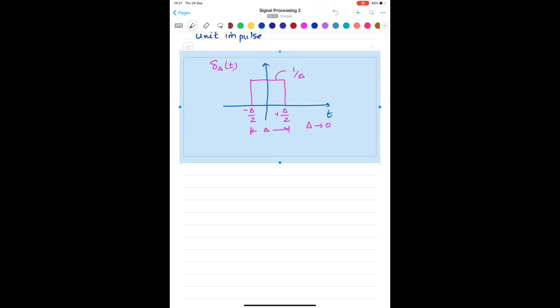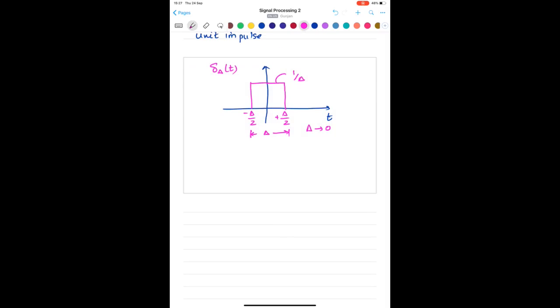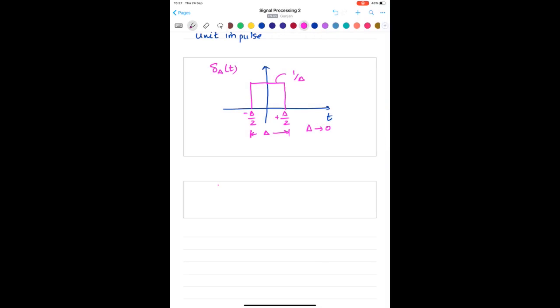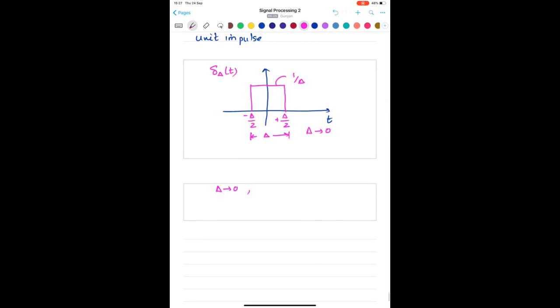Now this delta is such that delta tends to 0. So if my delta tends to 0, that means 1 upon delta tends to infinity.